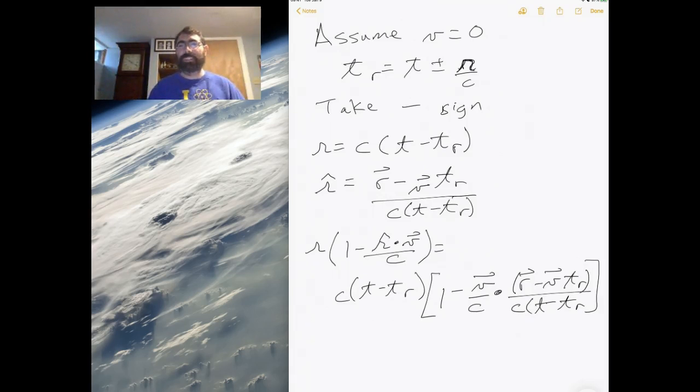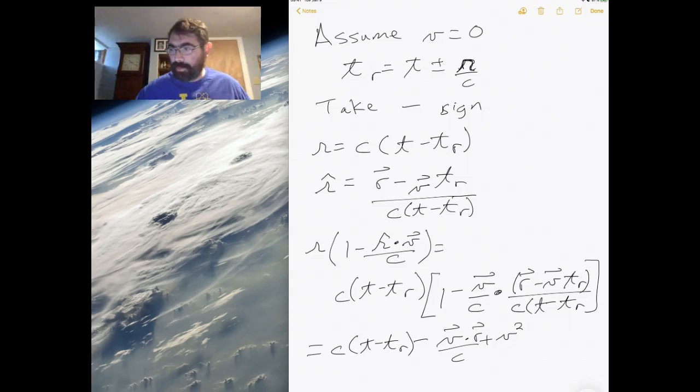Okay. So basically you just factor out that c times delta t. And what you get is c times t minus t_r minus v dot R over c plus v squared t_r over c.